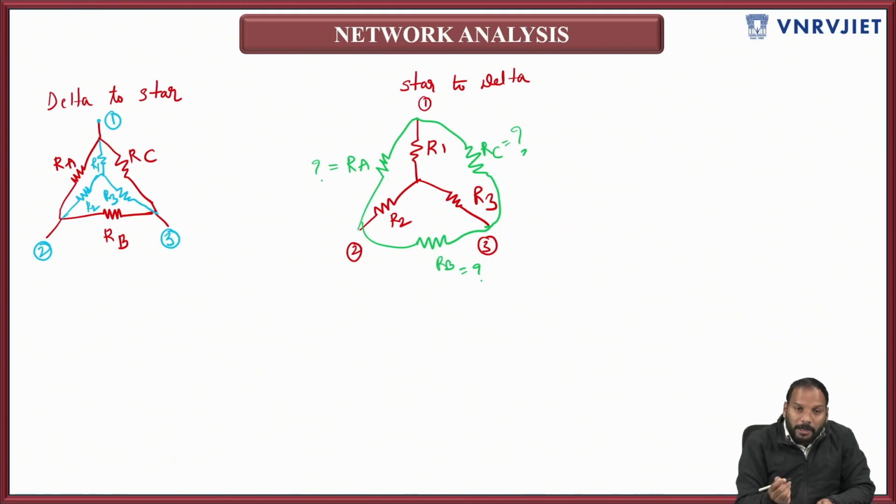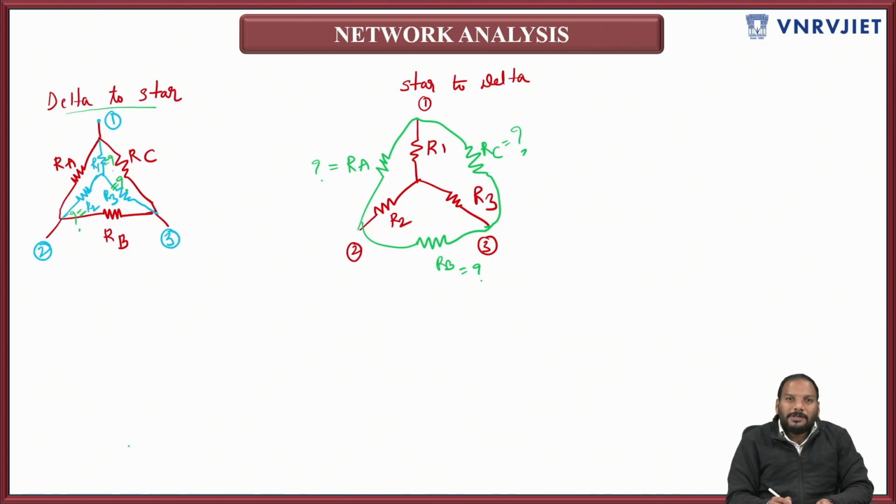Now, in the delta to star connection, the unknowns are R1, R2, R3, which we need to calculate in terms of RA, RB, RC.